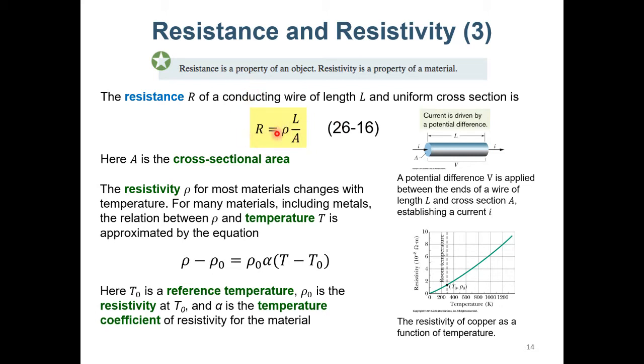Here rho is the resistivity, L is the length of the resistor, and A is the cross section area of the resistor. This means the longer the resistor, the larger the resistance, and the larger the cross section area, the smaller the resistance.